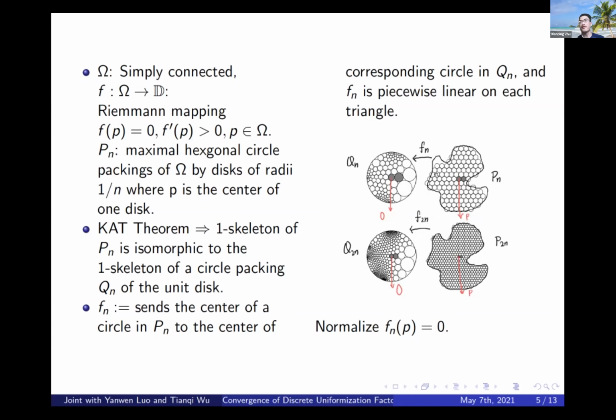And how do we define Fn? We send each center of a circle to the center of the corresponding circle, and on the skeleton of the circle packing we do the piecewise linear extension. We also need to normalize to make the image of P under Fn the origin.